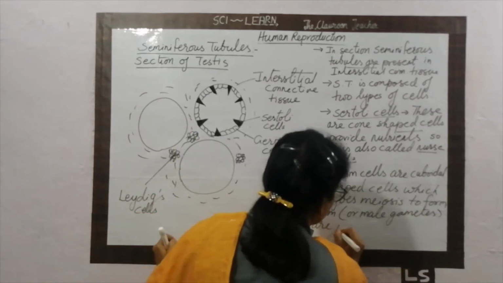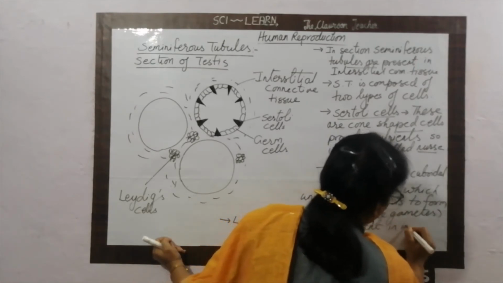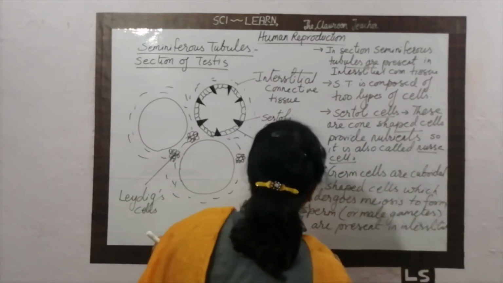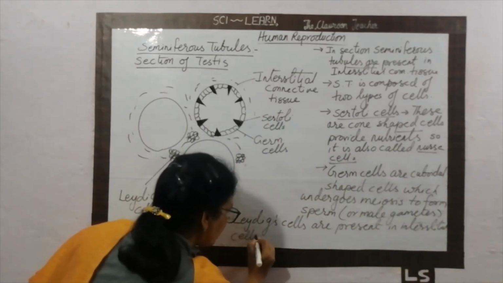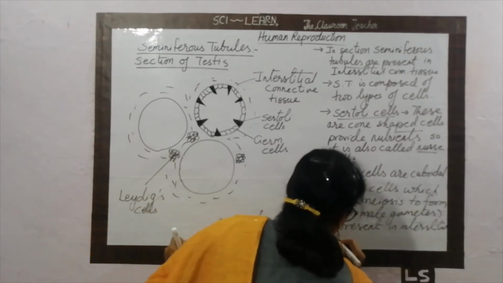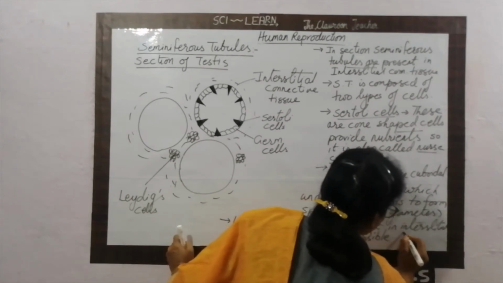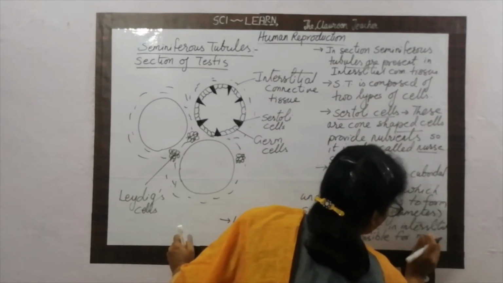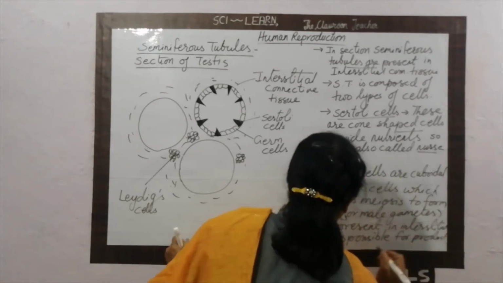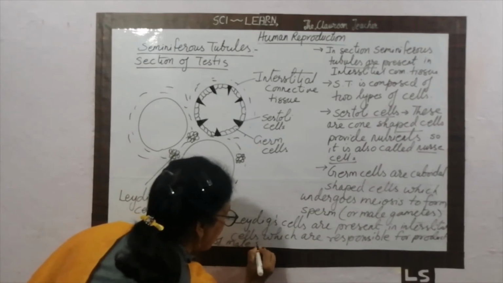Leydig cells are present in interstitial cells, which are responsible for production of male sex hormone.